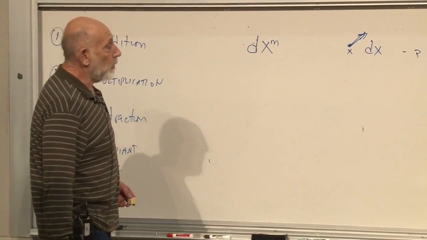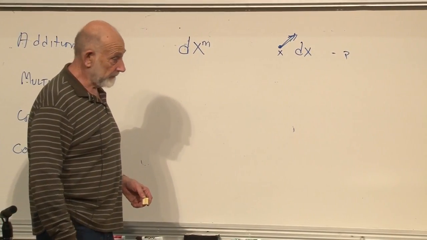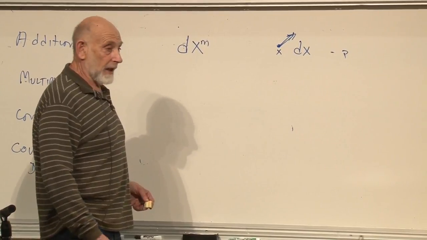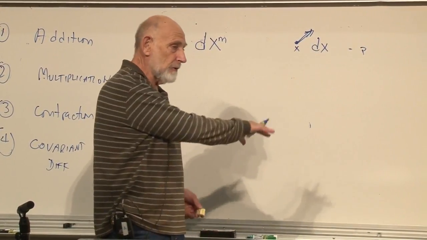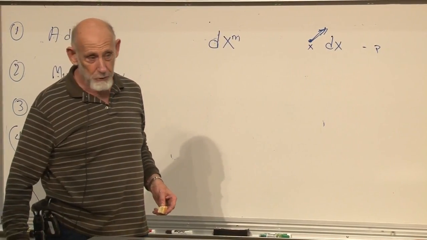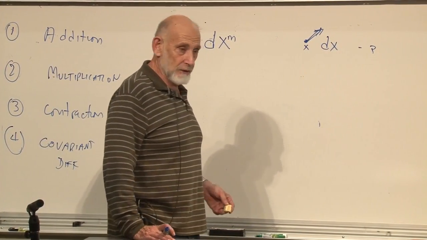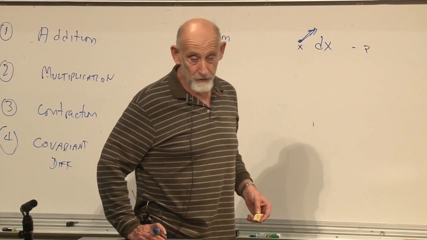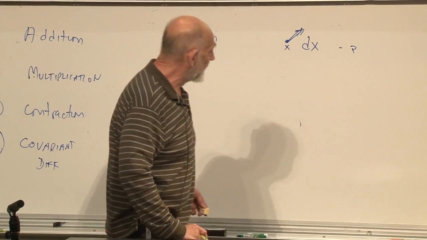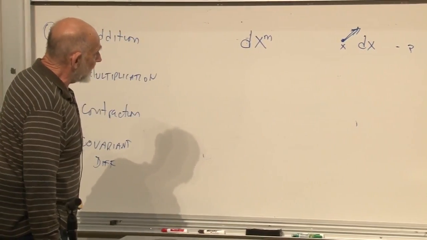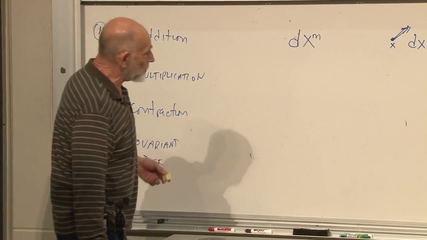And now we ask, what is the length of that vector? Well, I haven't told you enough to tell you what the length of the vector is. This could be some arbitrarily shaped, complicated space. And specifying what the space is in effect specifying what all the lengths of the little elements are. All right, so we take the dx^m, and let's take the squared length.